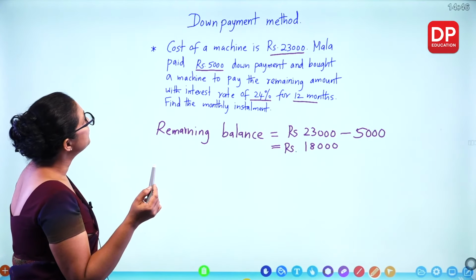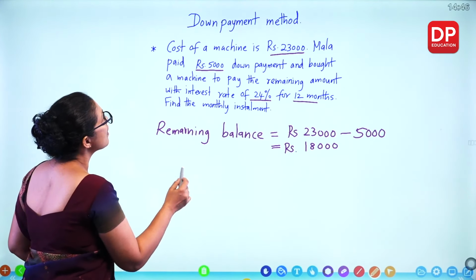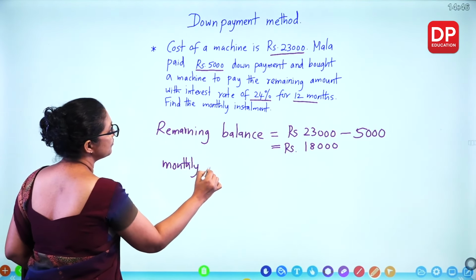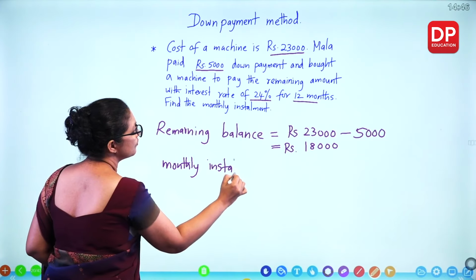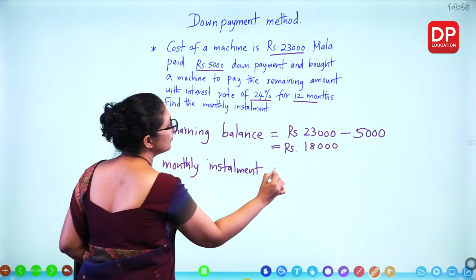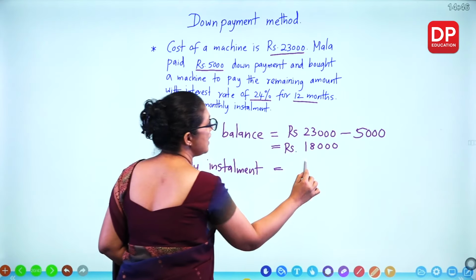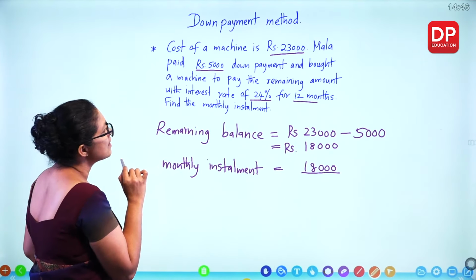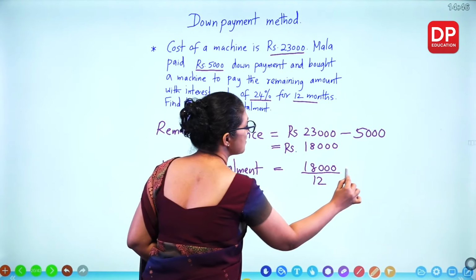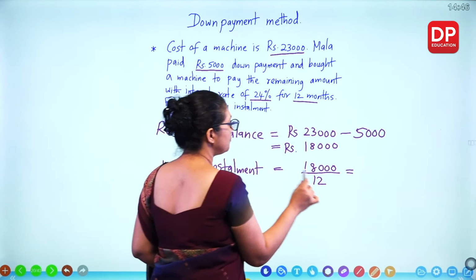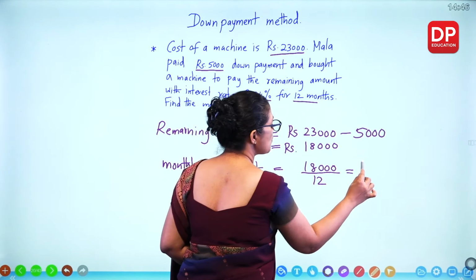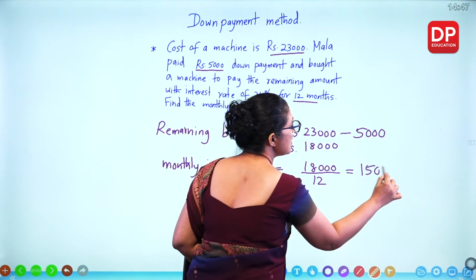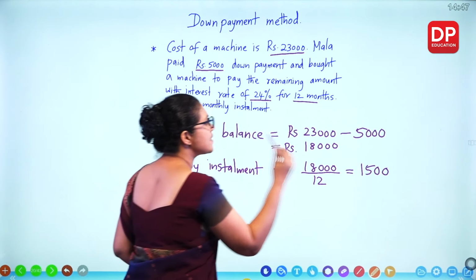So, what's the monthly installment? 18,000 divided by how many months? For 12 months. 12 times 1, 12. So 6 remaining, that's 1,500 rupees.